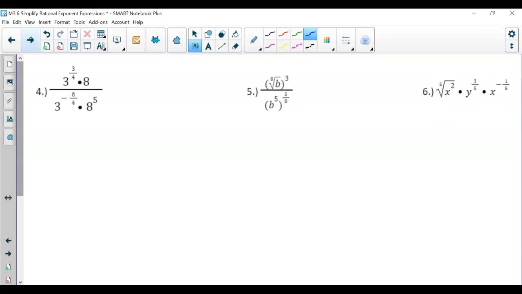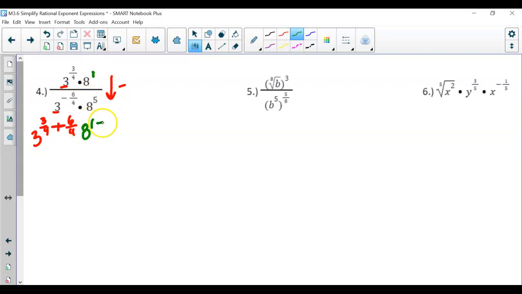Then here you're dividing, so top to bottom, subtract the exponents where the bases are the same. So 3 to the 3/4 minus negative 6/4. Practice writing it out if you need to, because you should have seen two negatives making a positive. Then here, your base of 8, that's 8 to the first.